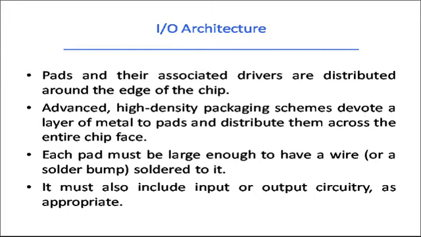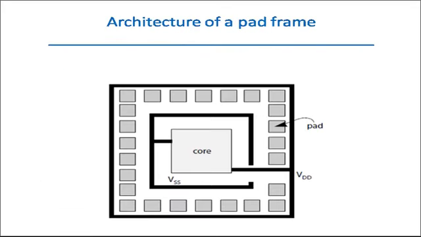Each pad must be large enough to have a wire or solder attached so that it can be soldered, and it must include input output circuitry as appropriate. Inside the I/O architecture there should be certain circuitry.